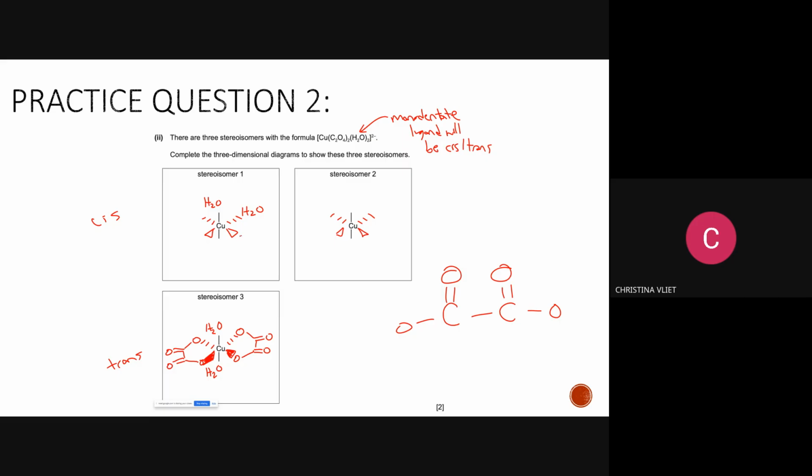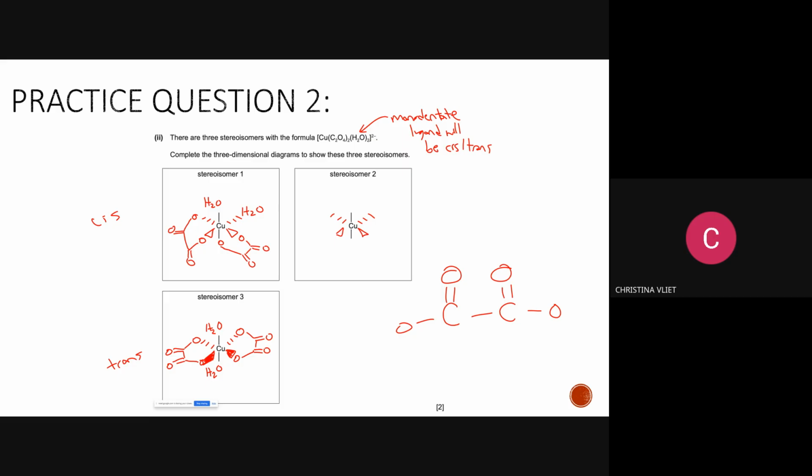This would now be O. And that right there, that's one of them. And the other one would be like this. Like that. 90 degrees apart, right?